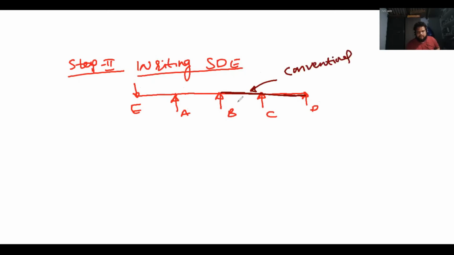Like if you are taking M dash BC, MFBC plus 2EA by L into 2 theta B plus theta C minus 3 delta by L. So that is our conventional formula for these two spans.